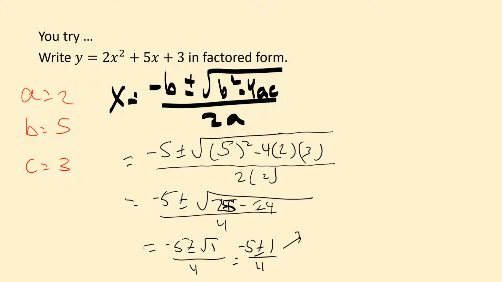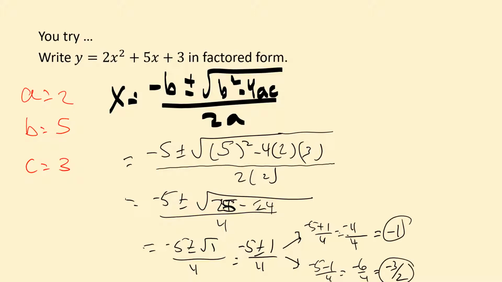Once again, split our roots. So you get negative 5 plus 1 over 4, that'll be negative 4 over 4, which is negative 1. And the other one is negative 5 minus 1 over 4, that's negative 6 over 4, which reduces to negative 3/2. All right, so we've got our two solutions, our two zeros.